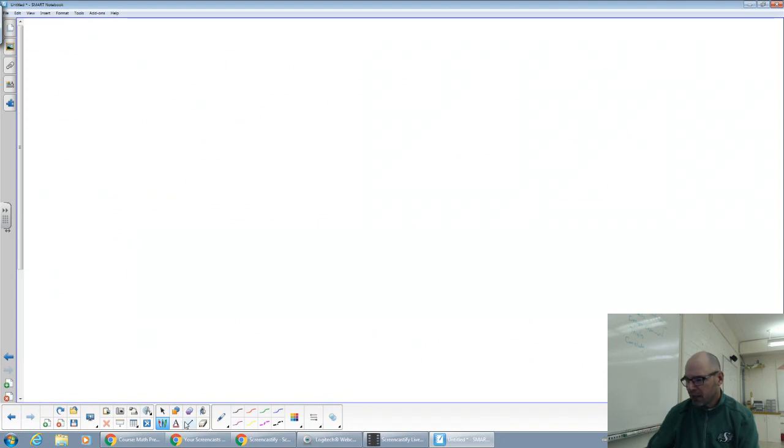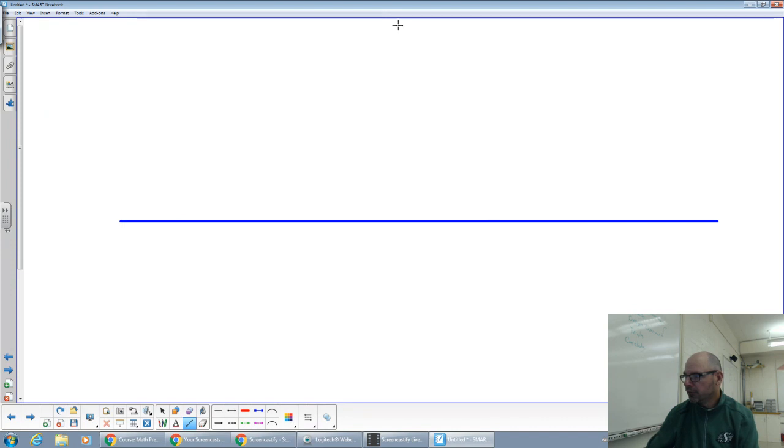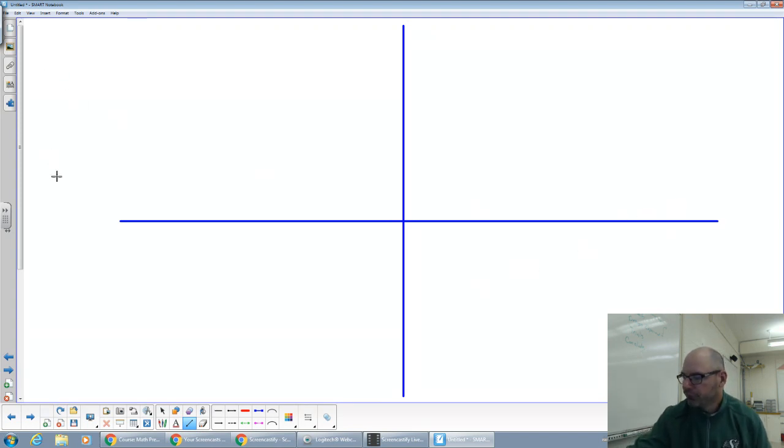Okay, so if we turn the page and we make a great big quadrant here, and this is x and y.